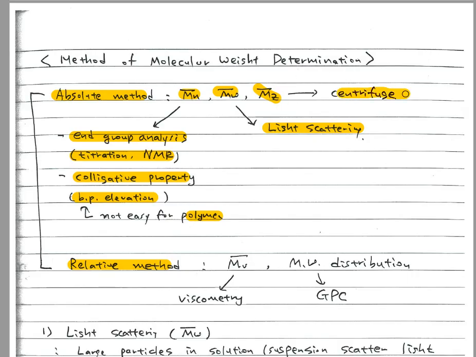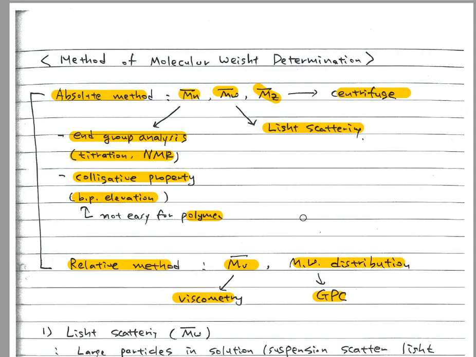And centrifuge is used to determine Z average molecular weight. And relative methods include viscometry and GPC. By doing viscometry, we can determine viscosity average molecular weight, and by doing gel permeation chromatography, you can determine the molecular weight distribution of polymer samples.